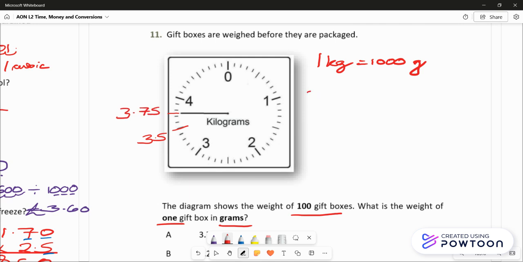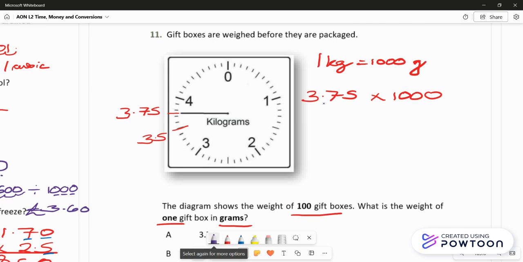So if I first of all times that by 1,000 to change it to grams, which I would move the decimal 3 places to the right and add the 0 in that space, it weighs 3,750 grams. So that's for 100 boxes. We want to know the weight for 1 gift box, so we divide it by 100.